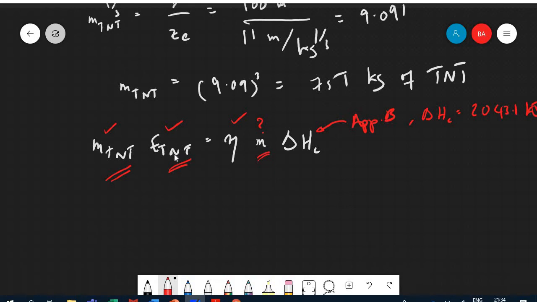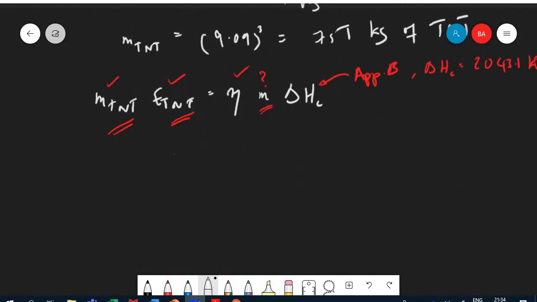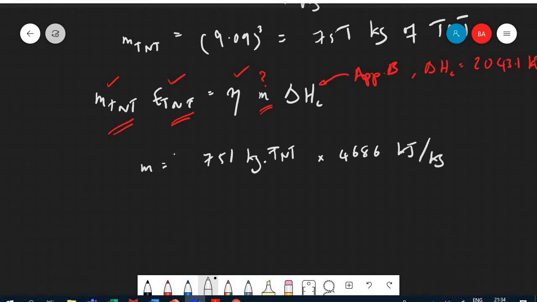So if I do my calculation with the unit conversion, my mass is going to be equal to 700 kilograms of TNT, multiplied by 4686 kilojoules per kilogram, which is E_TNT. I selected the one that has per kilogram to make sure the units are good.